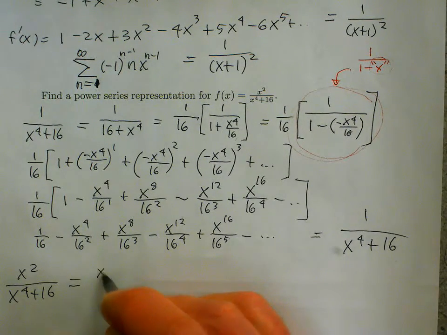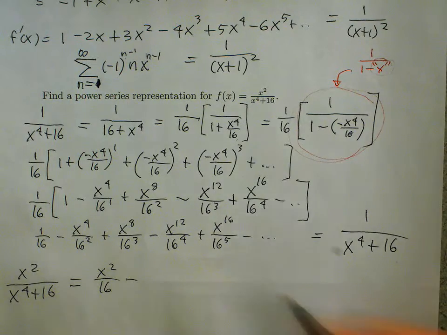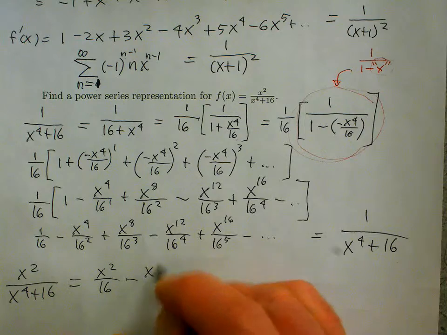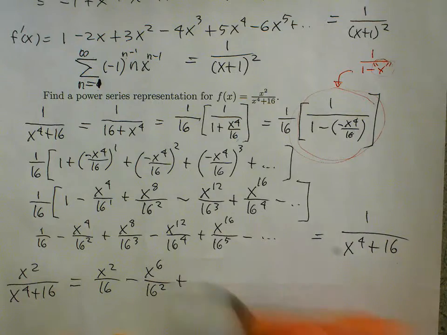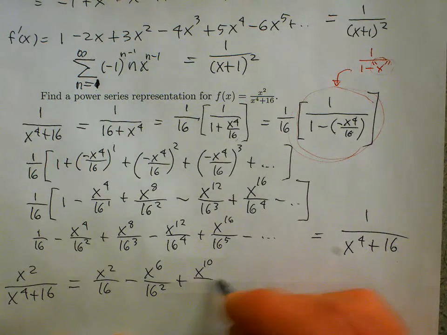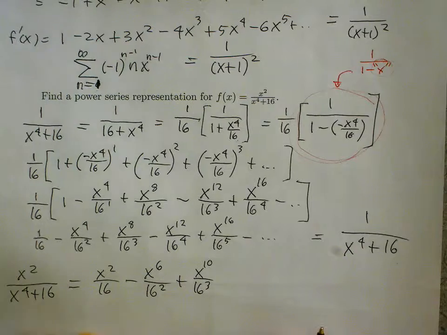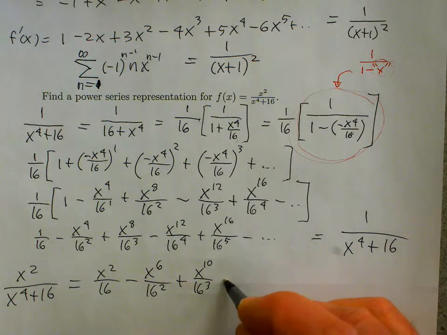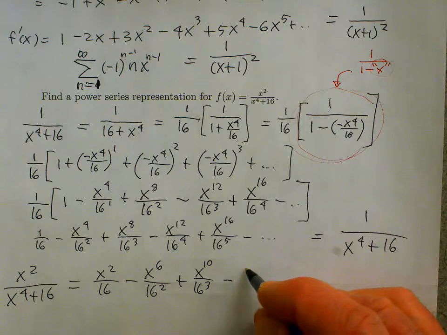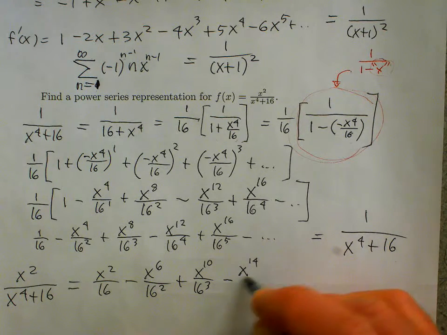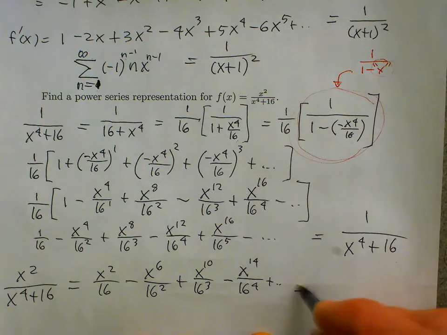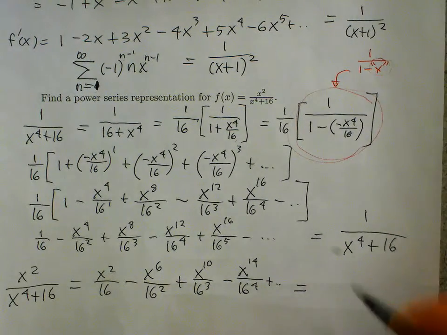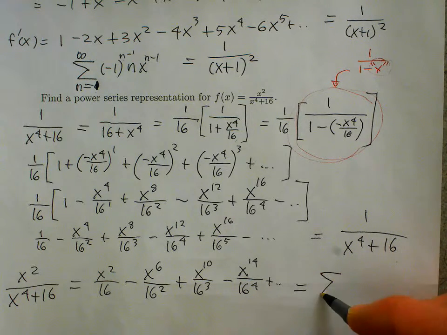So we'll get x to the 2nd over 16 minus x to the 6th over 16 to the 2nd, plus x to the 10th over 16 to the 3rd, maybe just one more, minus x to the 14th over 16 to the 4th. And then we'll try to come up with the sigma notation for this.